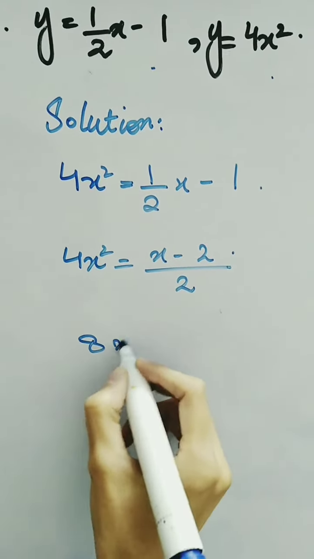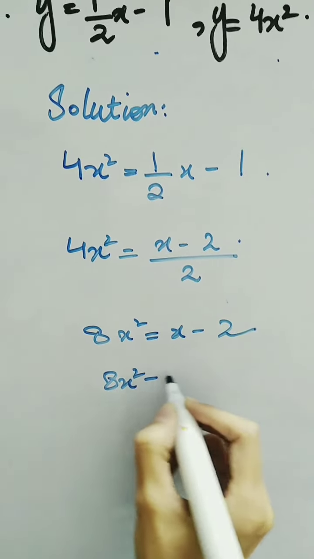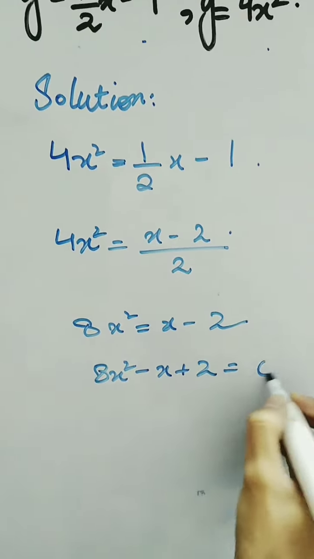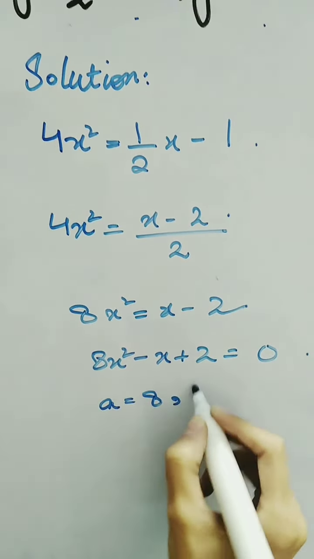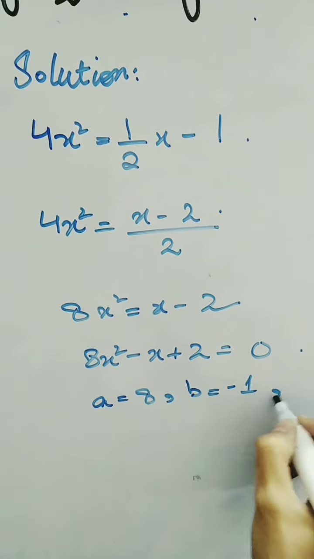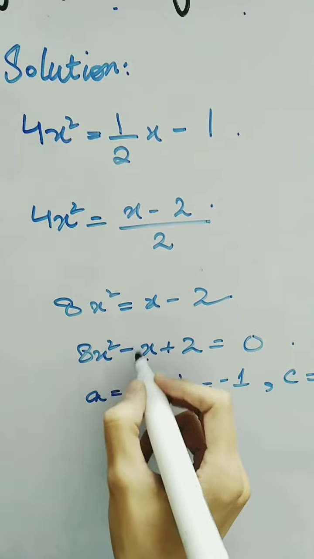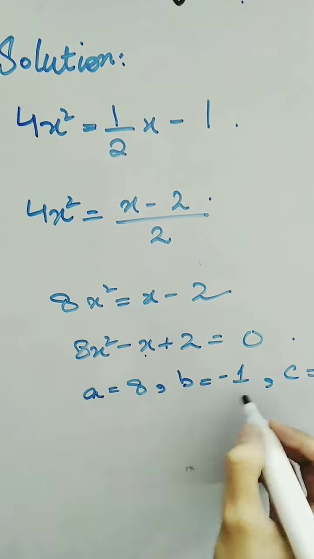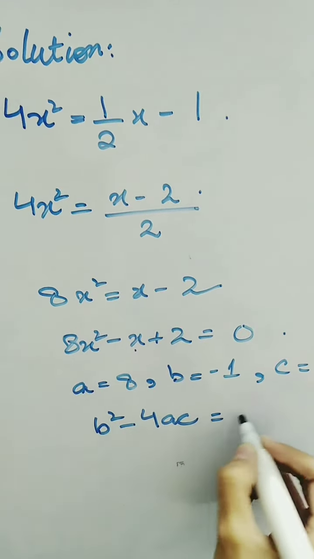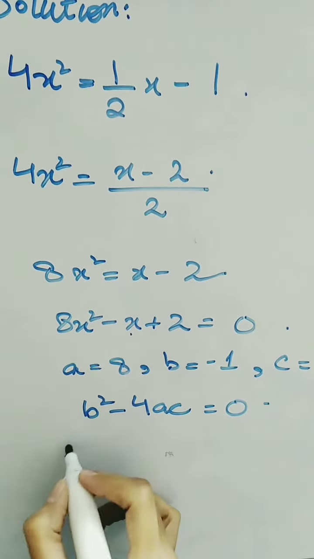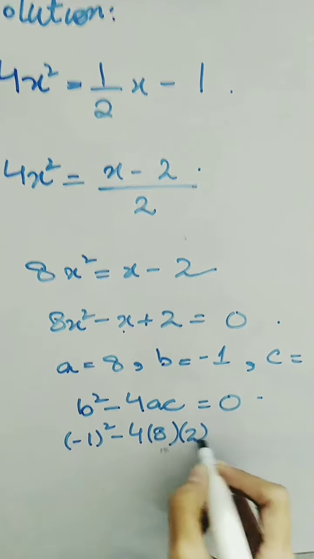We will have 8x square equals x minus 2, or 8x square minus x plus 2 equals 0. Now here a equals 8, b equals minus 1 and c equals 2. As the coefficient of x here is 1, so b is minus 1. Now putting the values in the discriminant b square minus 4ac, we will have minus 1 whole square minus 4, a is 8 and c is 2.